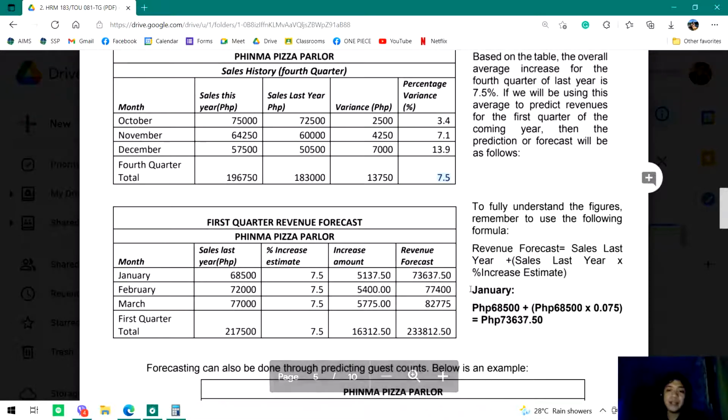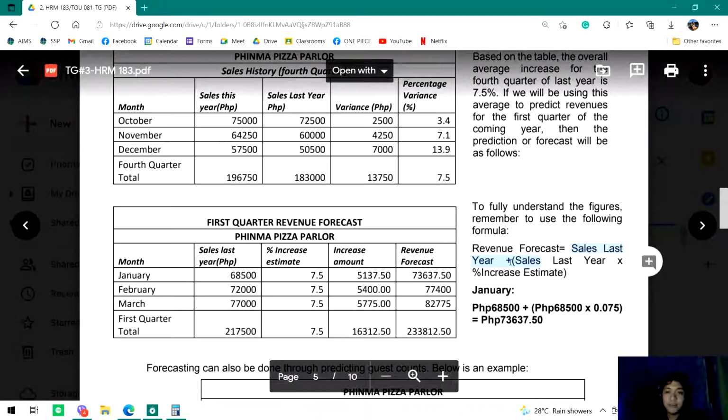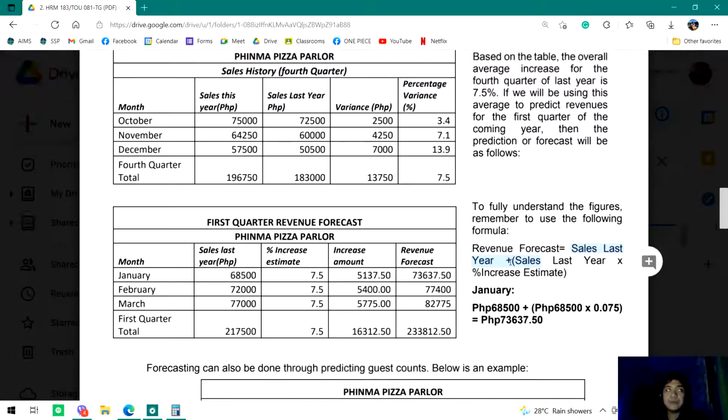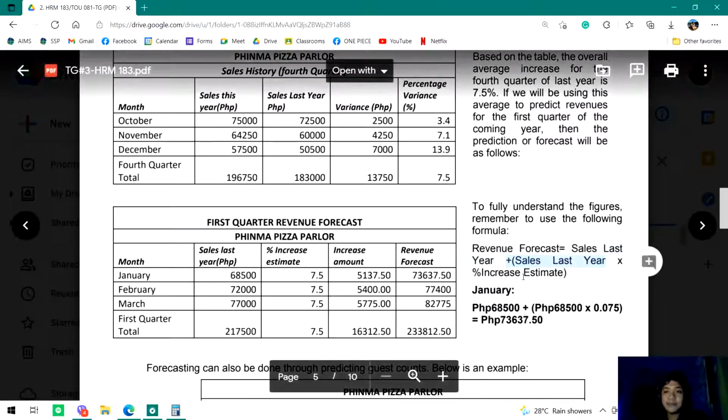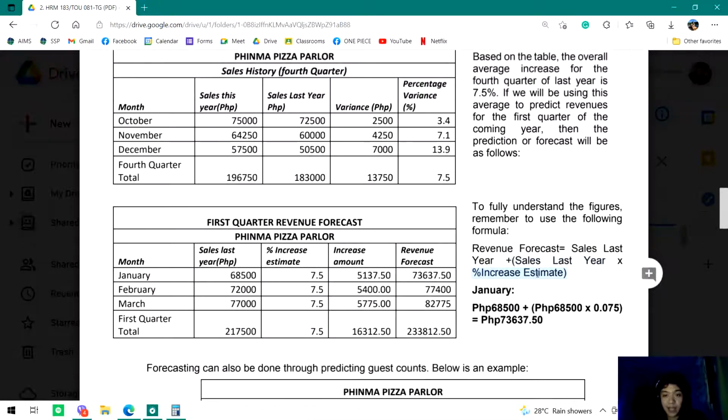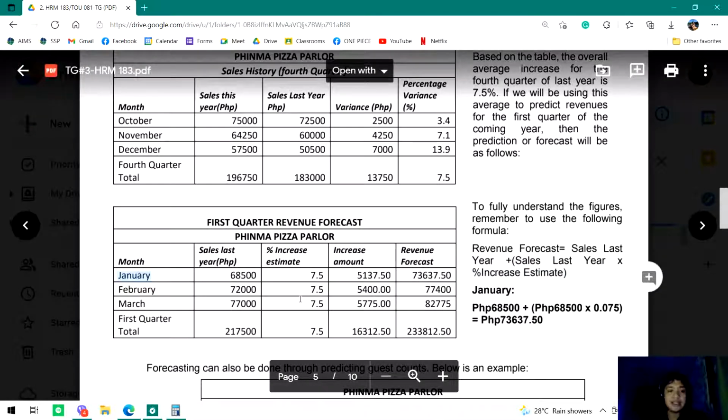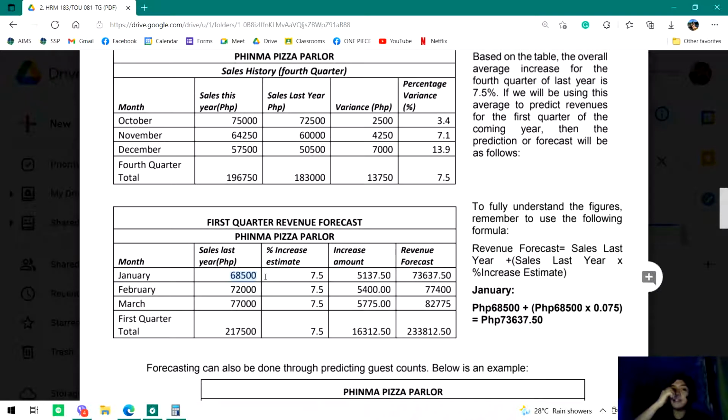To get the revenue forecast, yung formula na alalahanin ninyo, is sales last year plus yung sagot when you multiply sales last year times the percentage variance that we have, or the increase estimate. So in this case, in January, ang sales last year is 68,500.